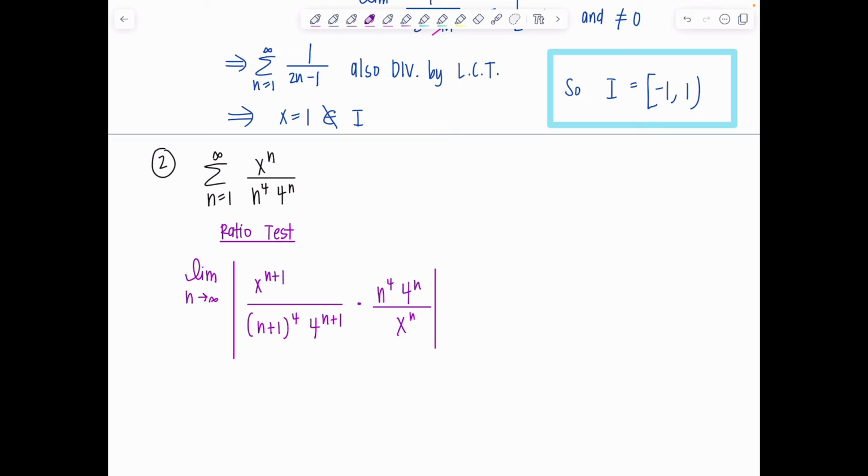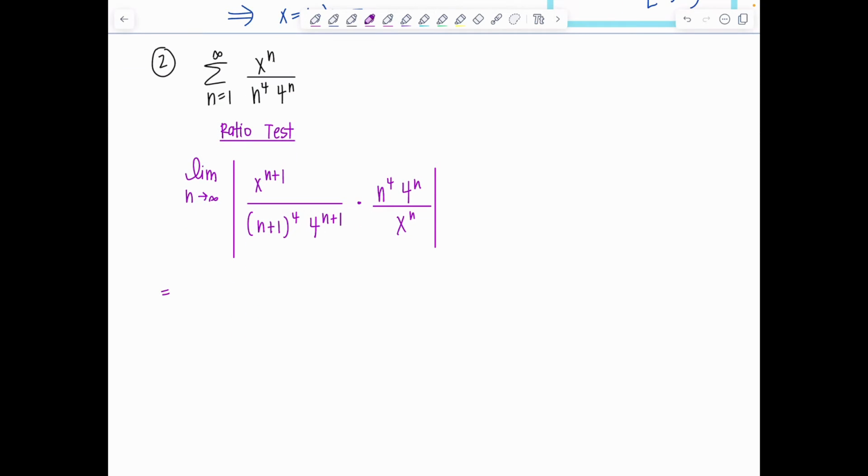Now let's start breaking things up so we can have a little cancel party. Limit as n goes to infinity. I'm going to rewrite this numerator as x to the n times x to the 1st. This is (n plus 1) to the 4th, 4 to the n times 4 to the 1st. And then here's n to the 4th, 4 to the n over x to the n.